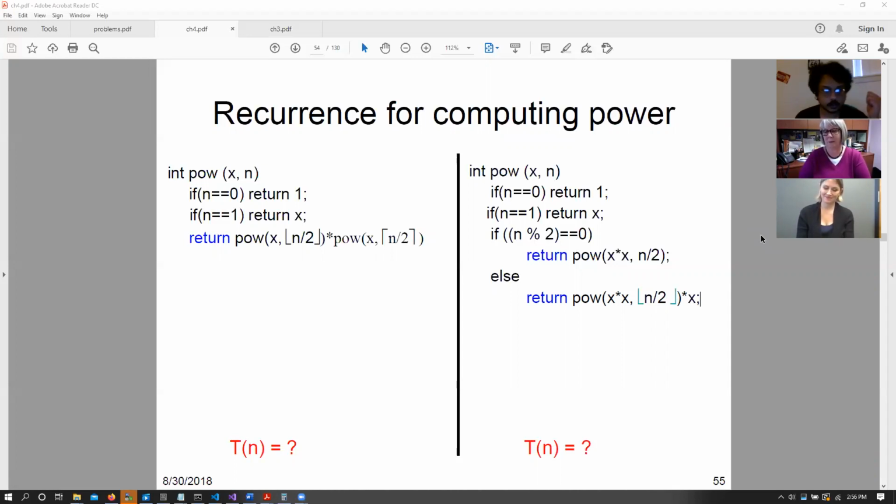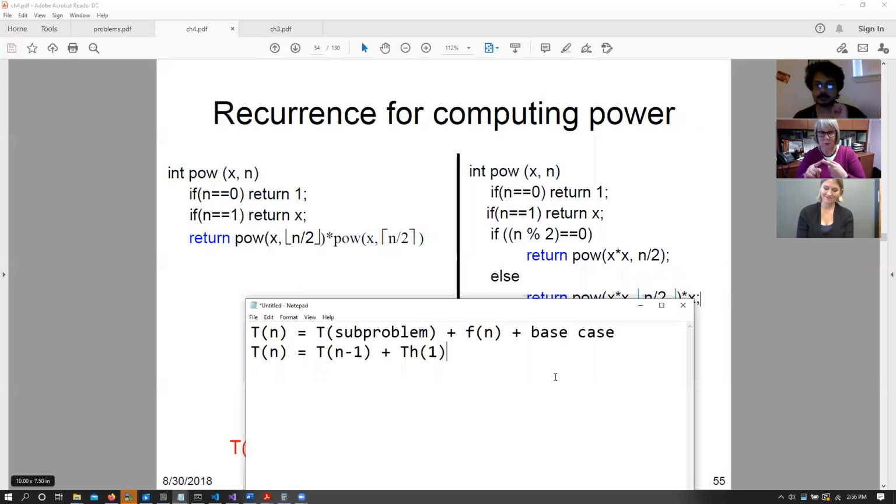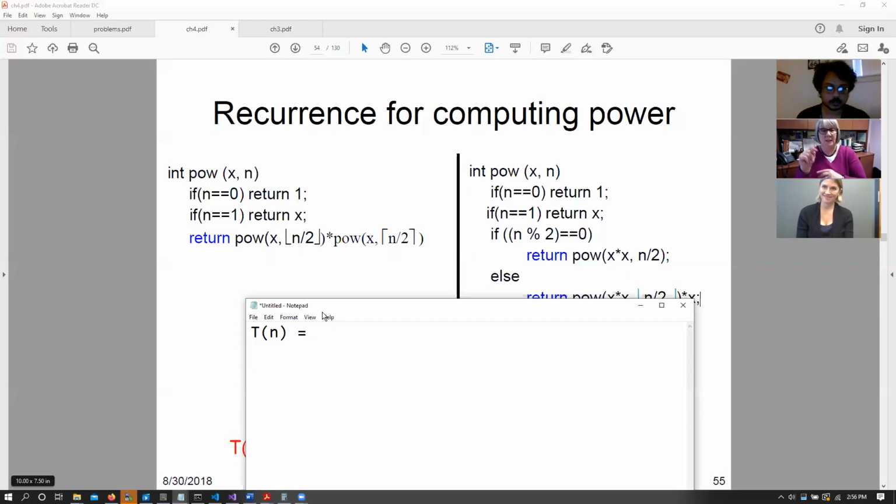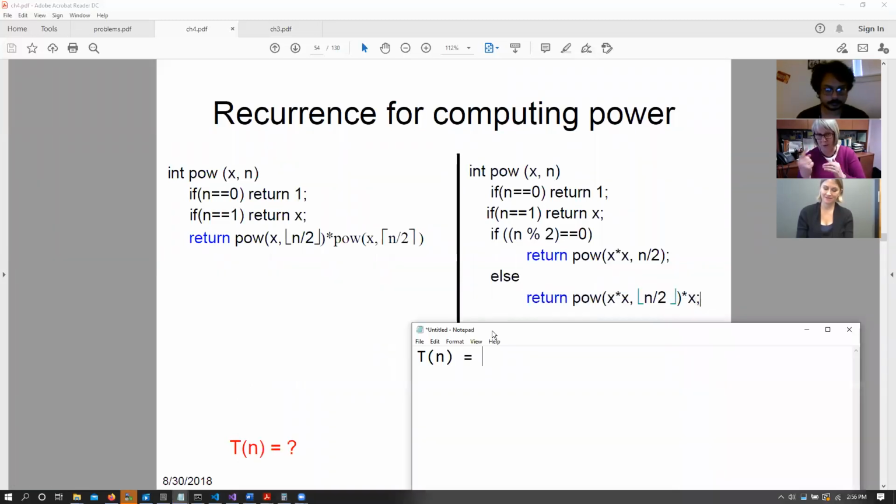Remember everyone, it is going to look similar to something like this, where we have T of n equals something. Usually it is going to look like some constant times T of n by b plus some function f of n, right?